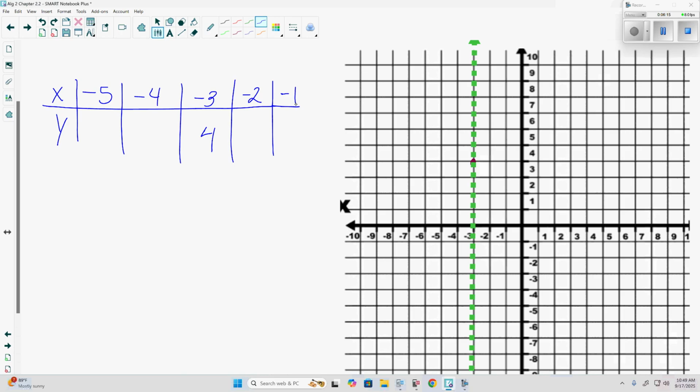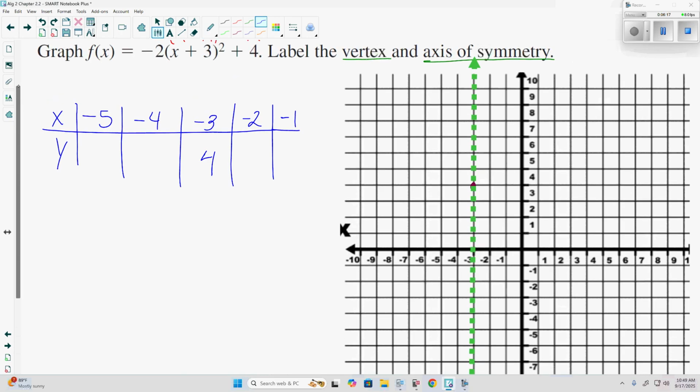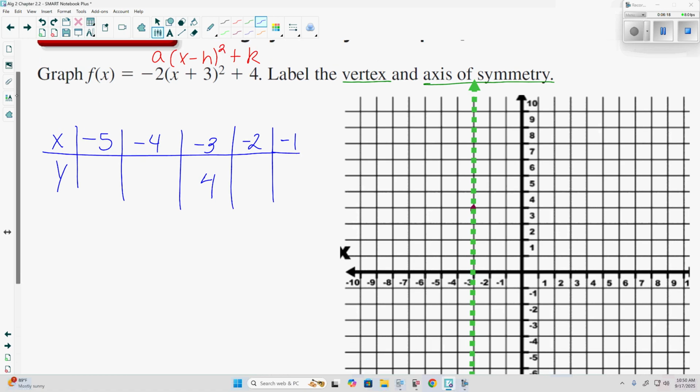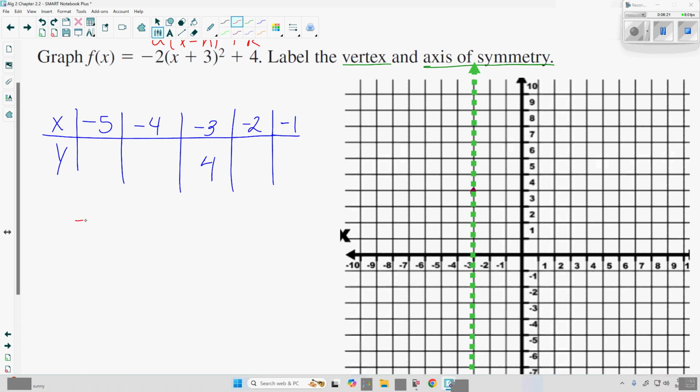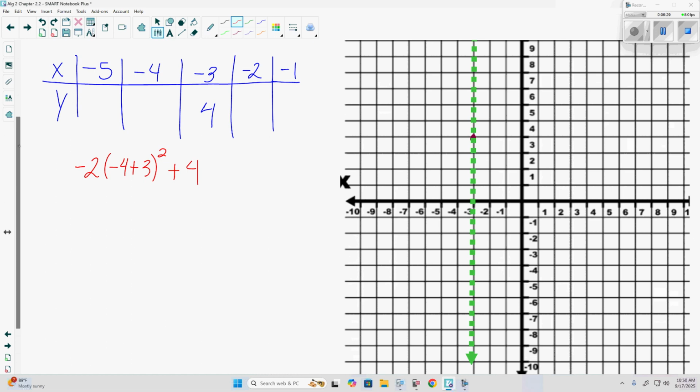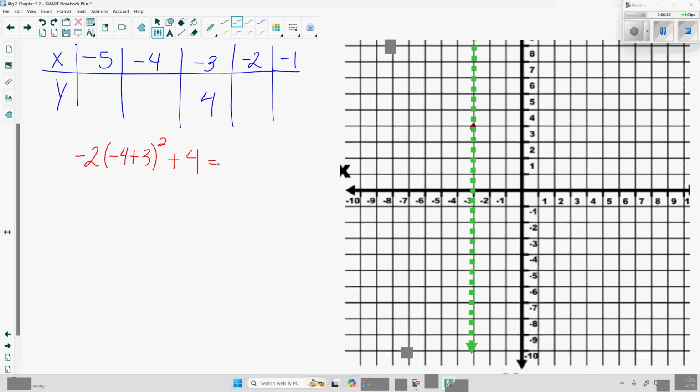And we would plug it in. So for -4, we would take the equation, -2 times -4 plus 3 squared plus 4. So we plug -4 in for x, and we simplify.